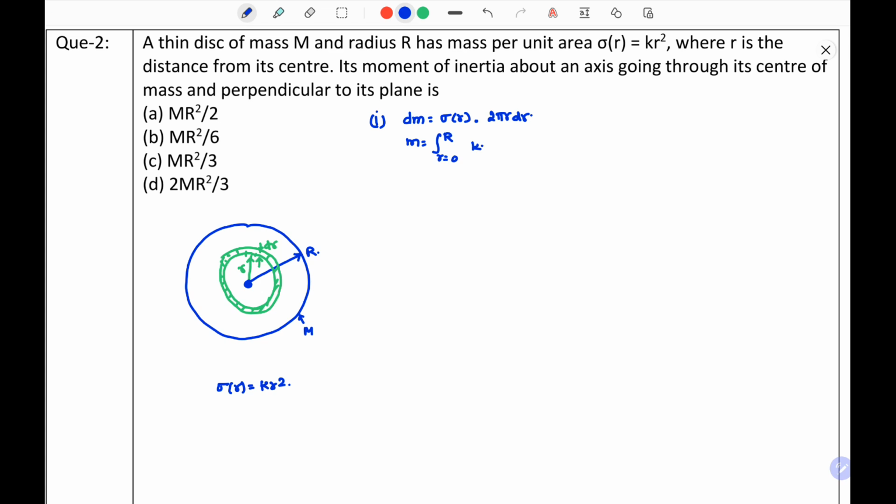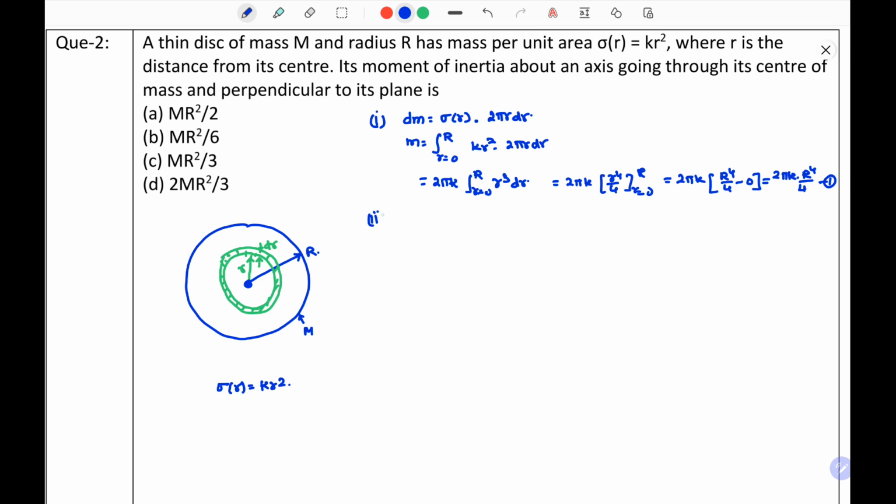Sigma r is given as kr square, and 2 pi r dr. 2 pi k is constant, so it is taken out of the integral, and the remaining is r equal to 0 to capital R and then r cube dr. This r cube on integration will give r raised to the power 4 by 4 with limit r equal to 0 to capital R. On substituting, we have the upper limit, r raised to power 4 by 4, minus the lower limit, which is 0. Therefore, the mass of the disk is 2 pi k into R raised to power 4 by 4. This is our equation number 1.